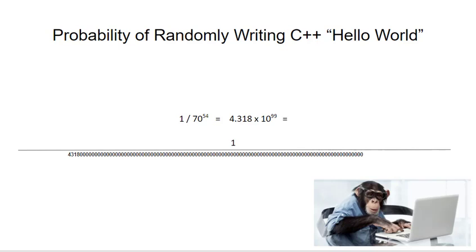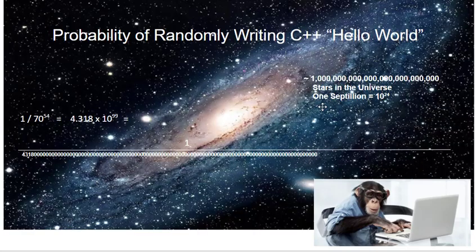Well, just how small of a probability is that, to randomly press letters on the keyboard and get our hello world in C++? Well, think about the number of stars in the universe. There's 1 septillion. This is an approximation, and it may even be an underestimate, but 1 septillion, that's 10 to the 24th, in terms of the number of stars in the universe.